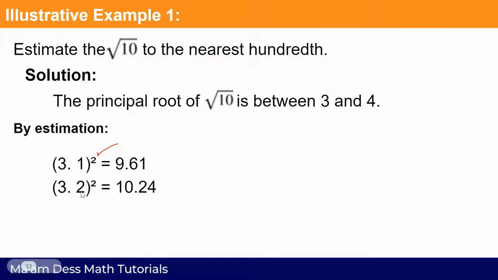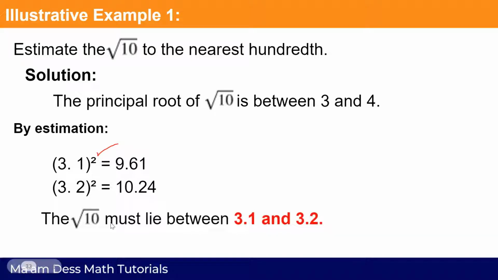The other one, 3 and 2 tenths squared, or multiply 3 and 2 tenths times 3 and 2 tenths. Ang sagot po ay 10 and 24 hundredths. So, the square root of 10 must lie between 3 and 1 tenth and 3 and 2 tenths.